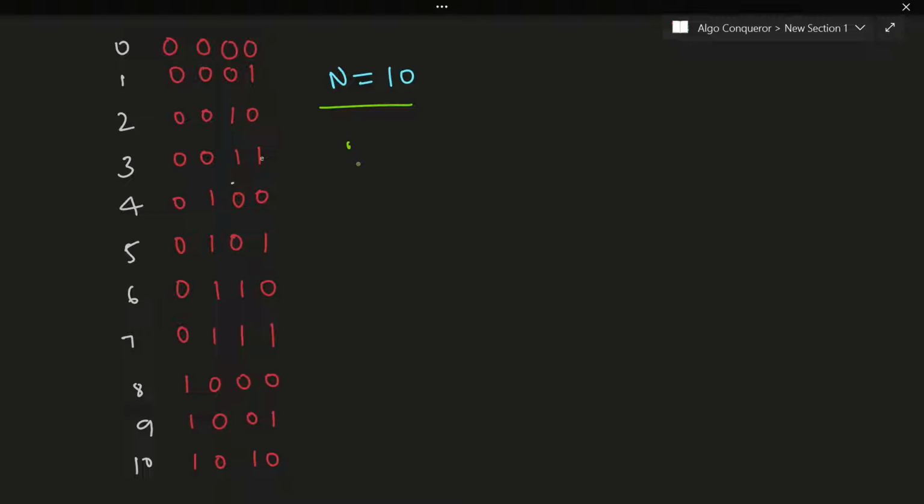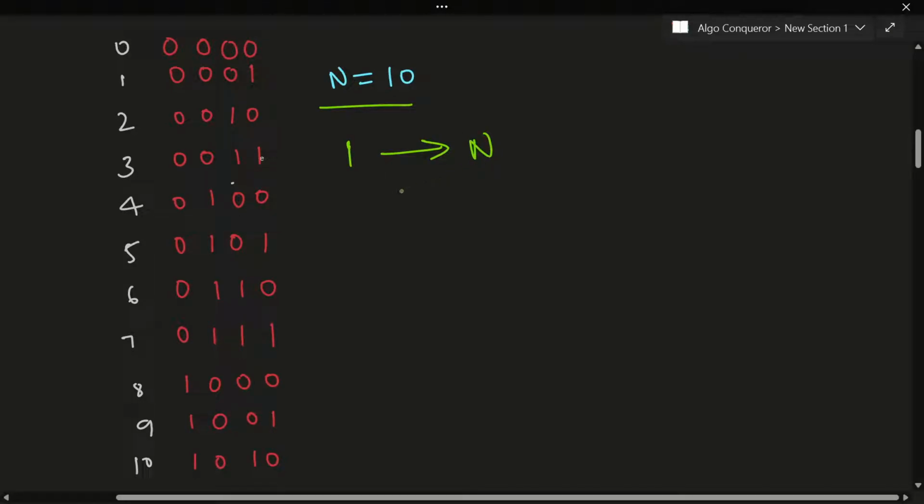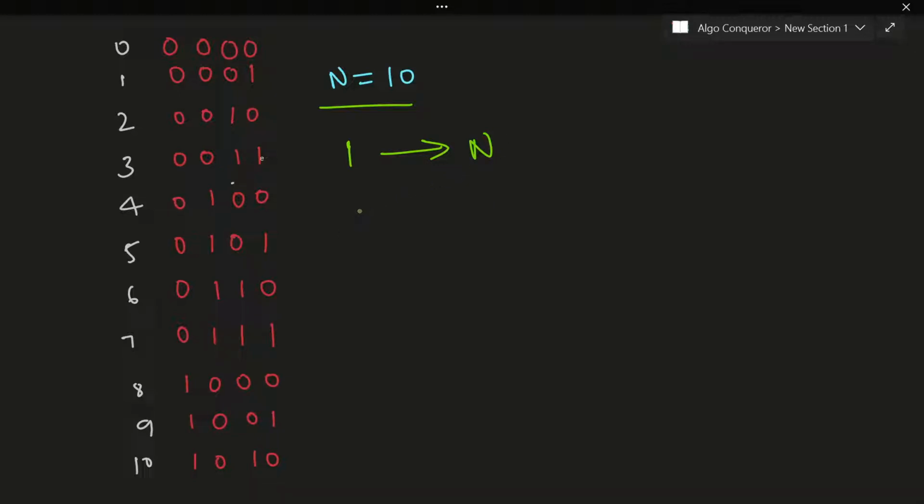So what is the time complexity? We start from 1 and go till n, and for each number we count the number of ones and return the result.